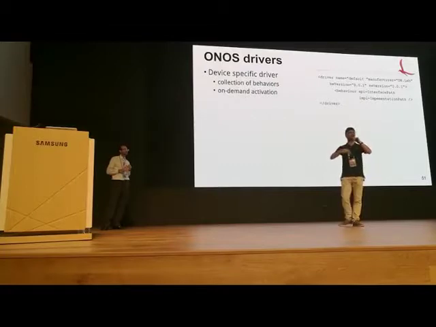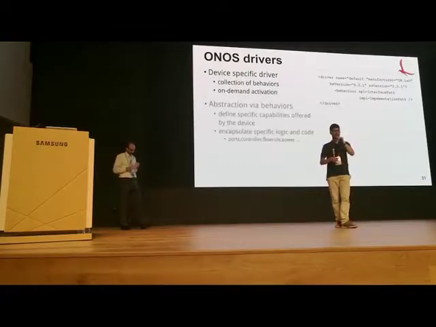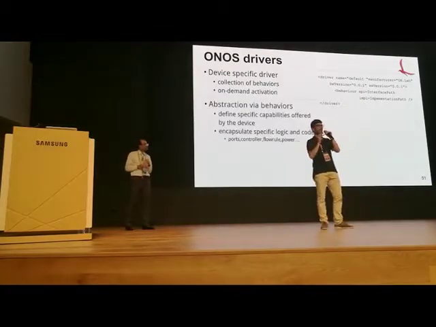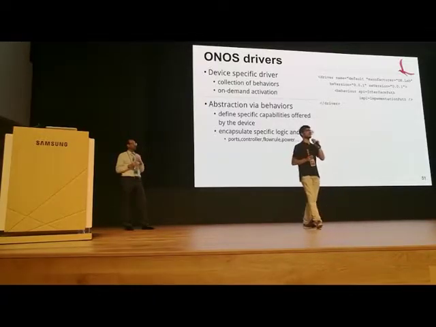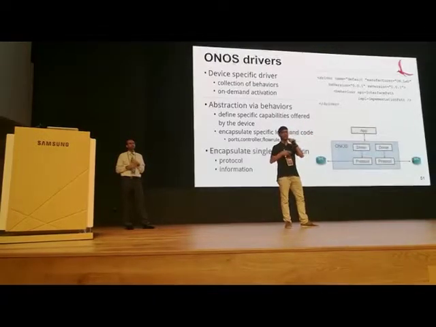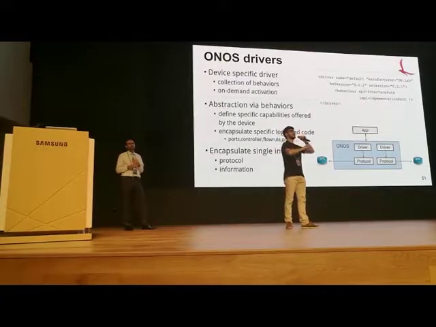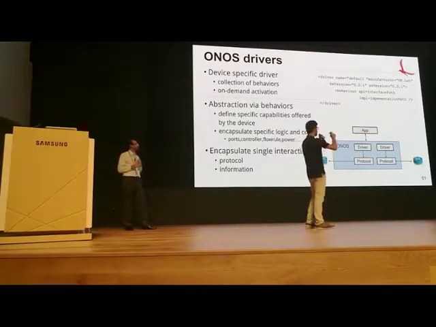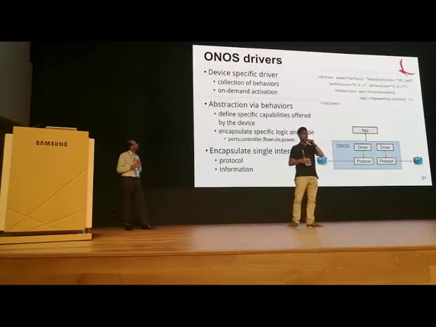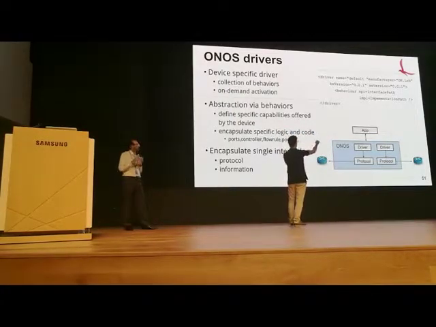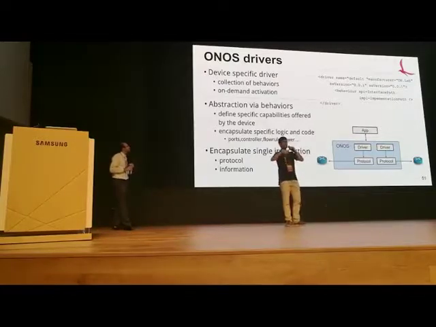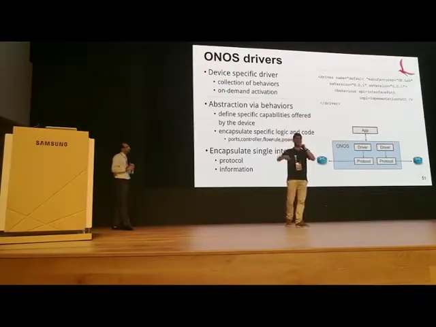And the driver is a collection of behaviors. A behavior is an interface. Basically, a behavior encapsulates the specific capabilities offered by a device. For example, it has set LED, and that set LED is the API. Then, in the implementation part, the given device vendor will bring in their own way to set the color of that LED.